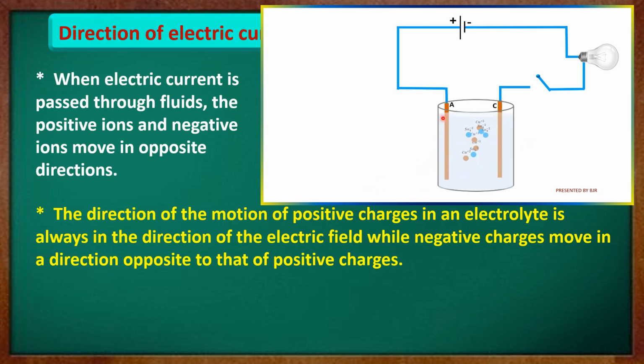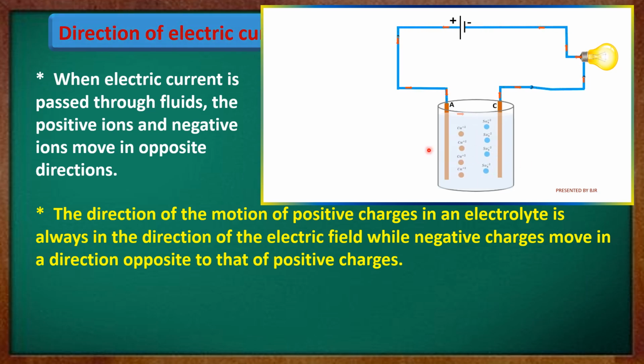There is no current in it now. For that reason, all the ions, that is both positive and negative ions, are moving randomly inside the copper sulfate solution. Now let us close the switch. See here, now copper ions are moving along the direction of the electric field.